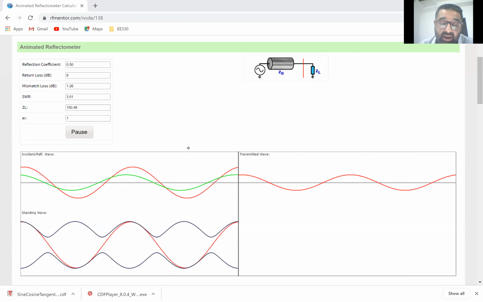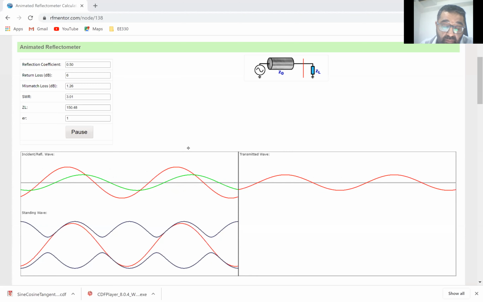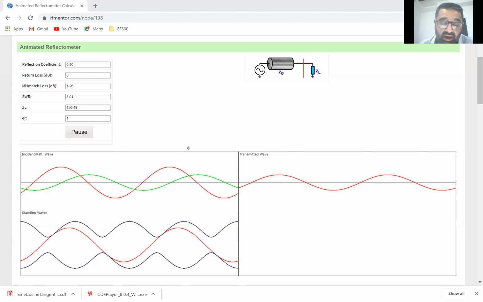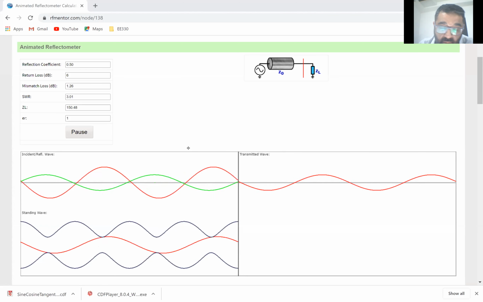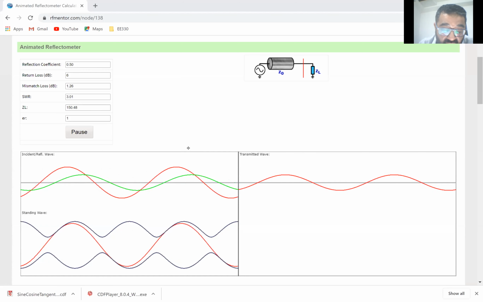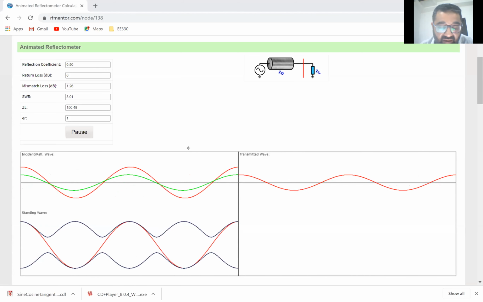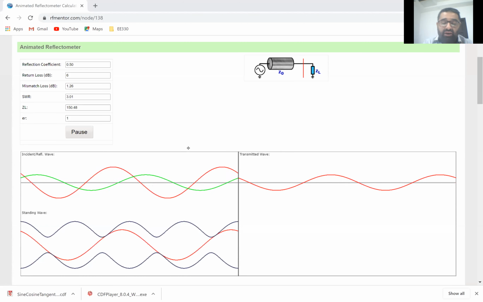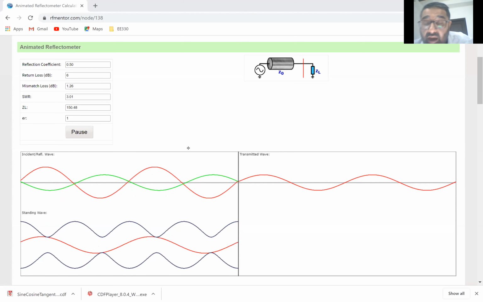And this guy has dependence on, or is moving in, both space and time. In space, this red wave is moving in the forward direction. And this green wave, if you look over it in exactly the same way, is also progressing in time, but it is going in the backward direction. And both are traveling waves.